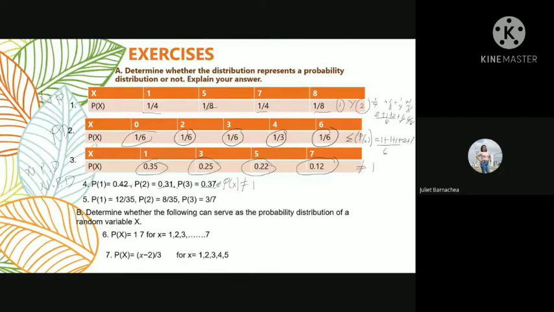Here, number 5. 12 over 35, 8 over 35, and 3 over 7 are all in condition number 1. But in condition number 2, kailangan na ulit natin mag-add.